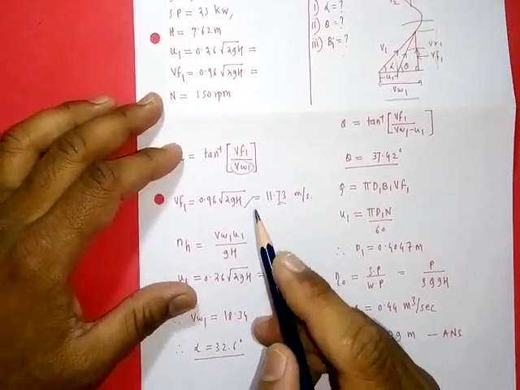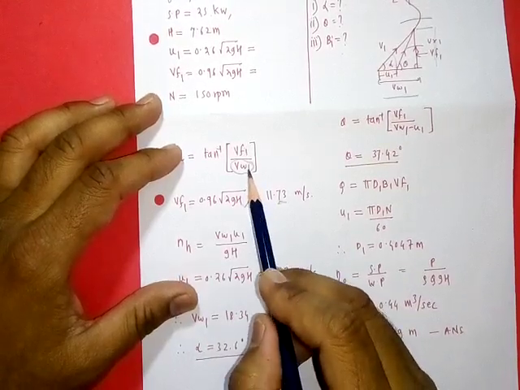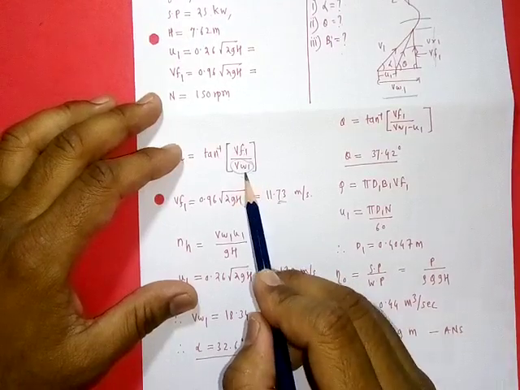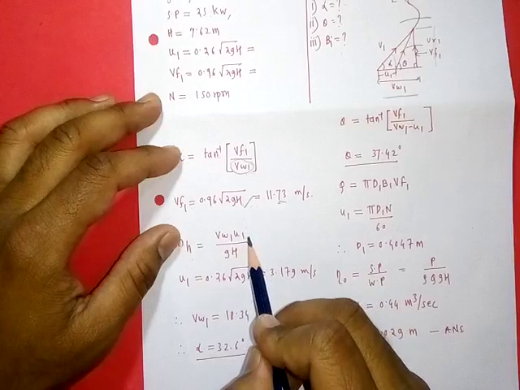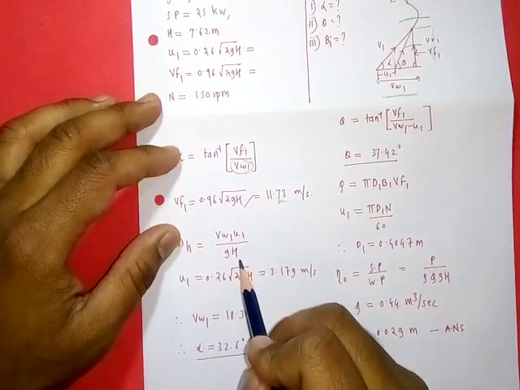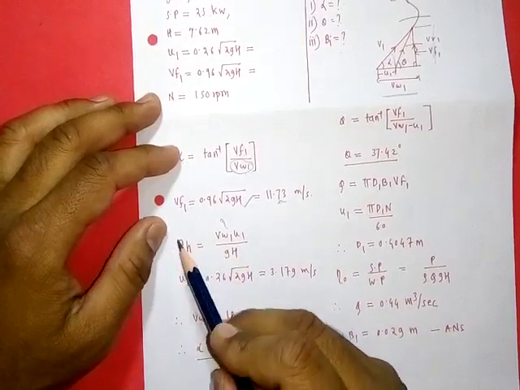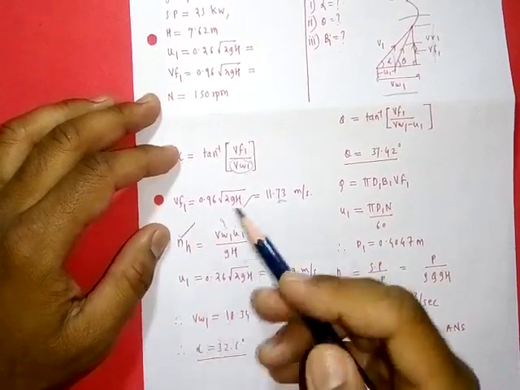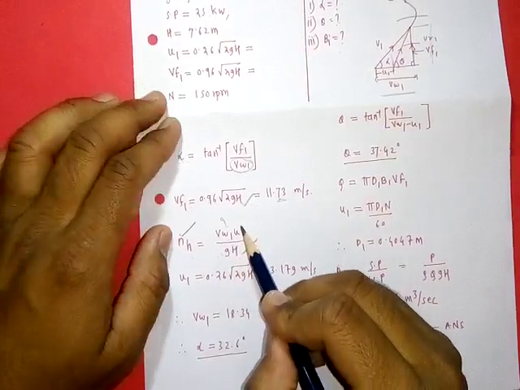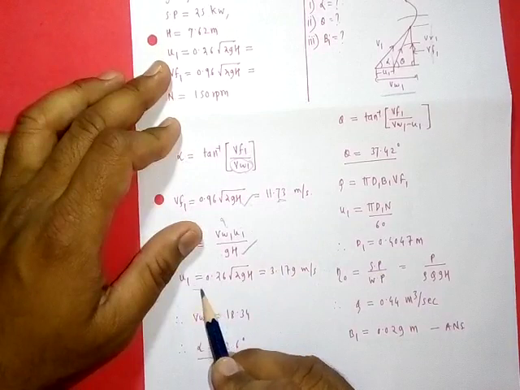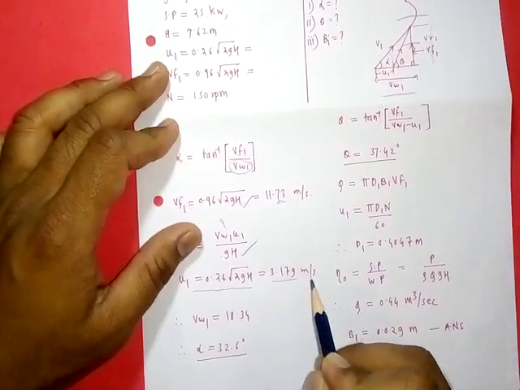Remember, always in case of Francis turbine problems, hydraulic efficiency is given to calculate vw1. In hydraulic efficiency we have the formula vw1 u1 upon gh. Here we have to find out vw1, and for that purpose they have given hydraulic efficiency. h is given, g is constant, and for u1 they have given the relation, so u1 can be easily found, and this value comes to be 3.179 meter per second.